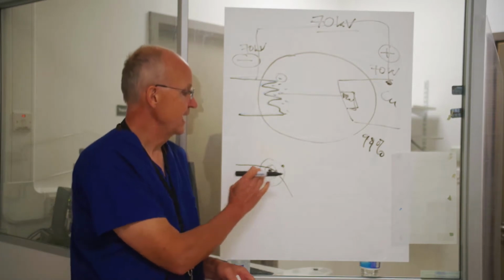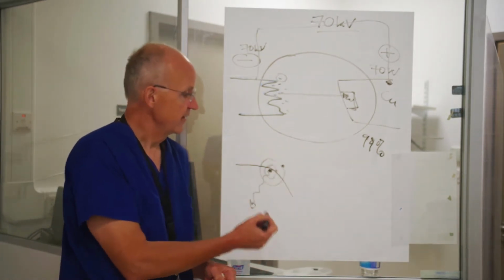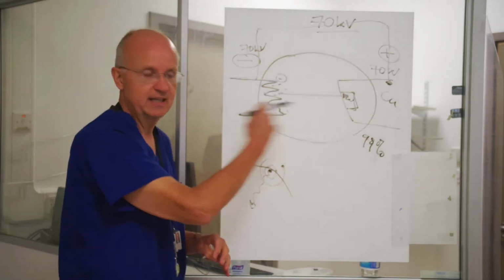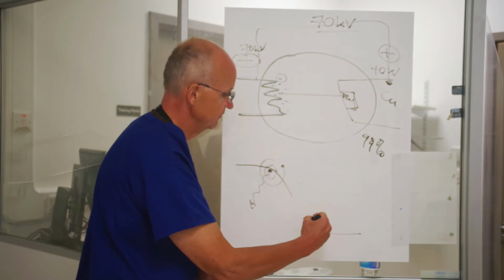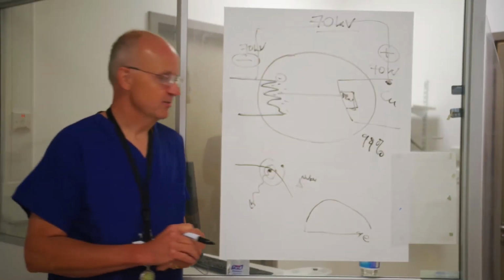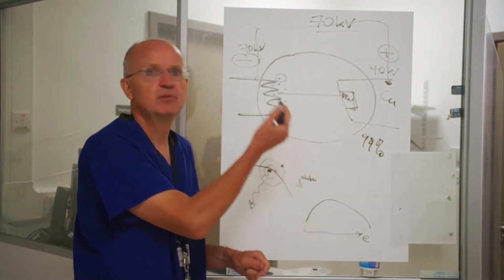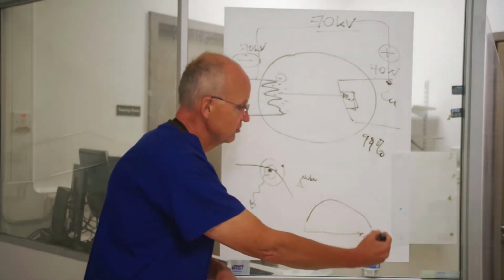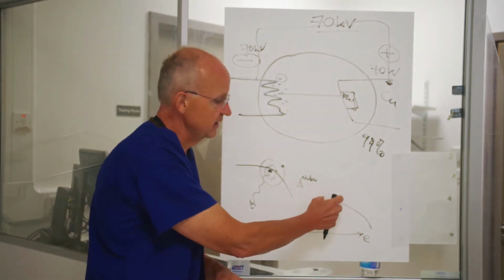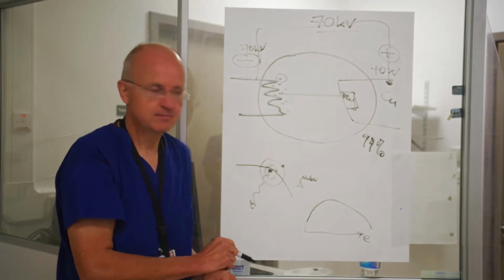Now, depending on how close it passes, depending on how much energy it loses, and therefore you have a number of collisions happening, and you will produce what we call a continuous spectrum of energies. So if we were to plot a graph of the photon energy on the bottom and the number of photons possessing that energy, we would get a spectrum here, which is going to be clustered around the voltage that we put across in the first place.